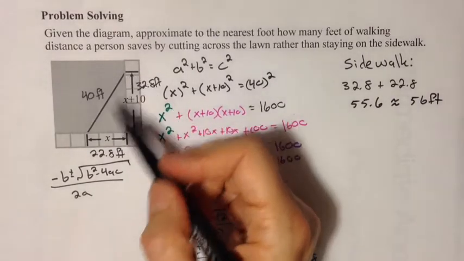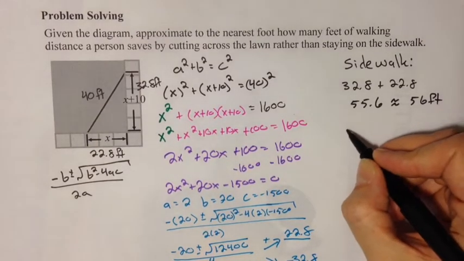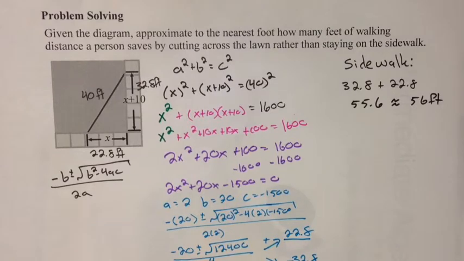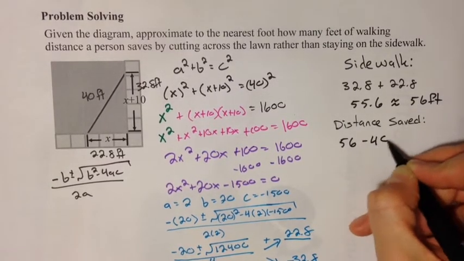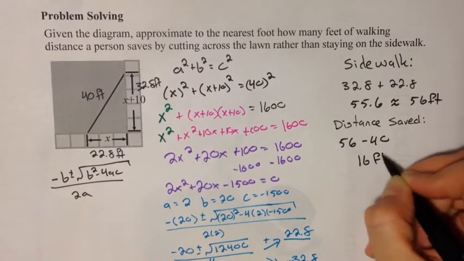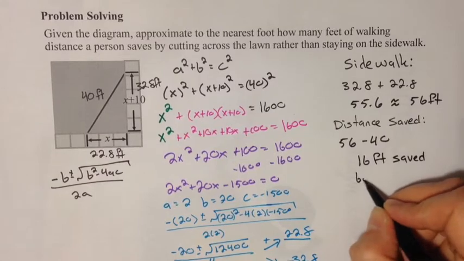Now if they walked across here, they'd only have to go 40 feet. So the difference, 56 minus 40, is how much they save. So we'll do 56 minus 40 is 16 feet saved by walking across the lawn.